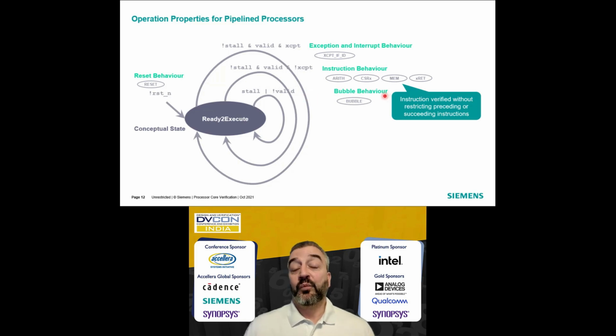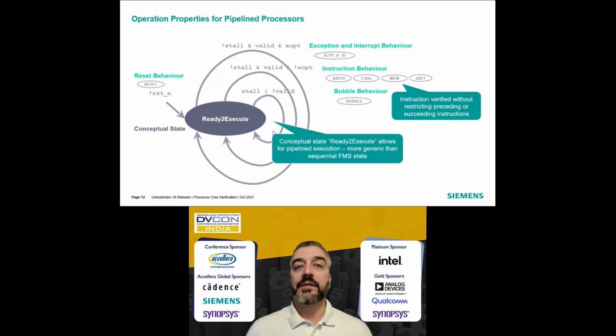You might call it a boring assertion, but of course you need to make sure that in this scenario nothing is really happening, so none of the architecture registers gets updated. Of course, with the potential exception of stuff like performance counters, but none of the normal architecture registers gets updated in this particular case. And this is then completing the set of assertions that you get for your typical standard processor core.